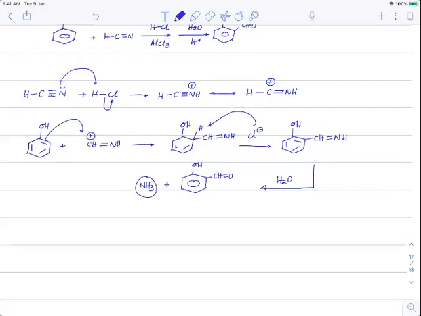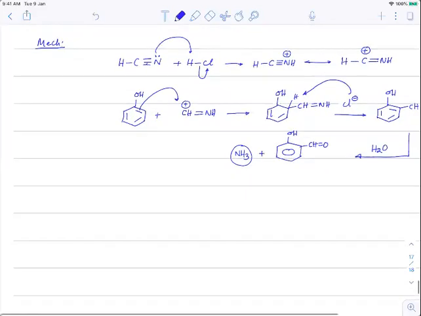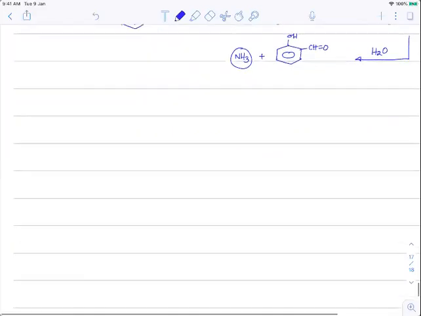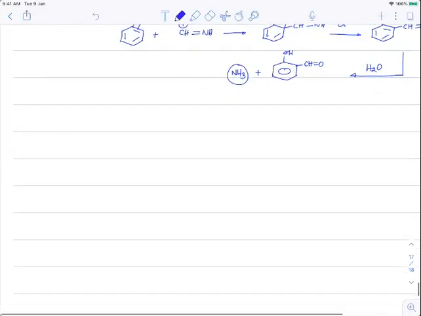We will do its mechanism in aldehydes, because it has a complete section there. But all you need to remember is C double bond N will always be converted into ammonia. That point is clear, right?